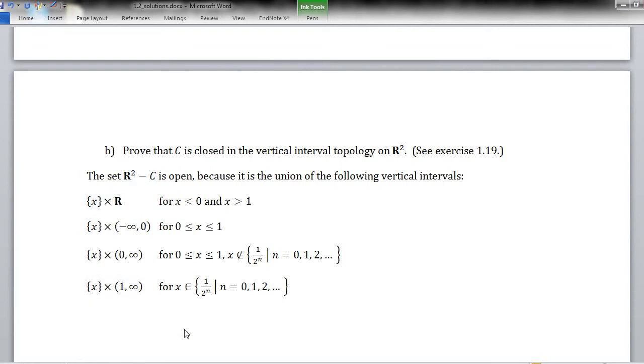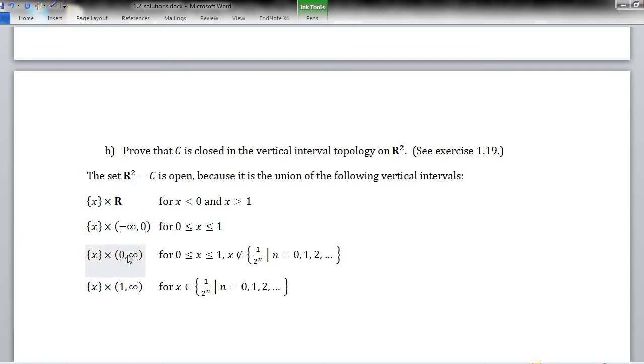To get the left and the right side of the comb, we'll take these vertical intervals for x negative and x greater than 1. And then to get the region below the comb, we'll take x times (negative infinity to 0) for x coordinates between 0 and 1 inclusive.